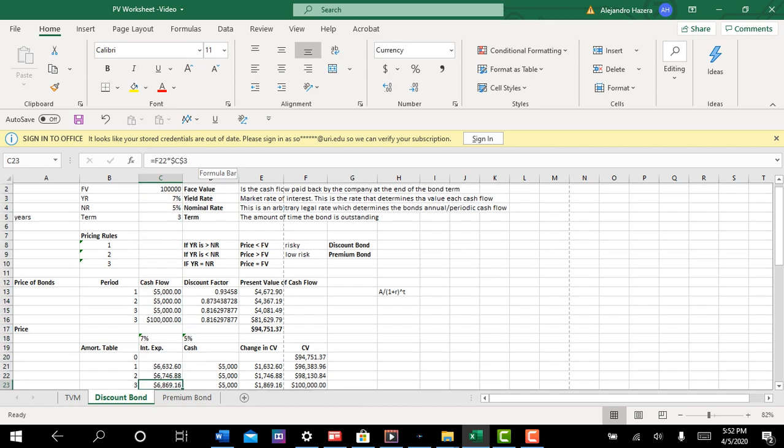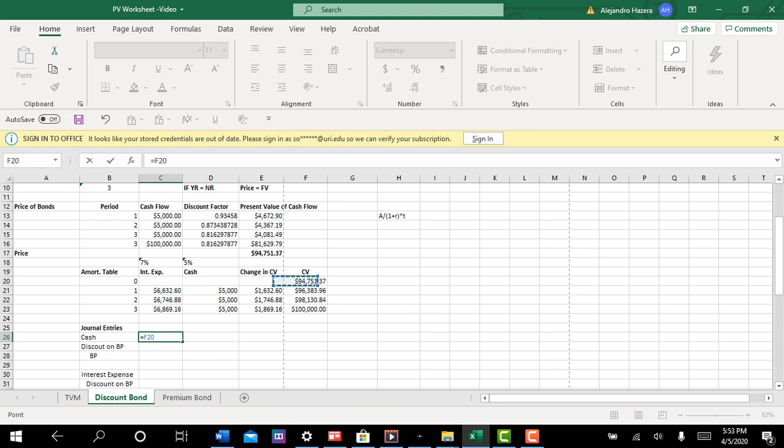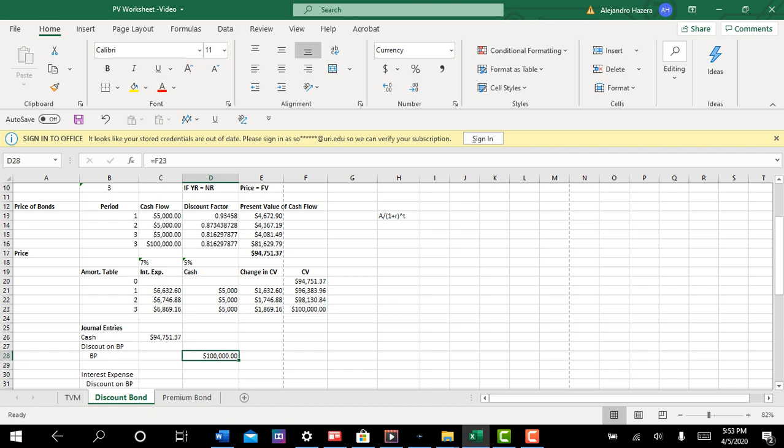Okay, so now let's go down here and do our journal entries. Okay, our journal entries are going to be as follows. First of all, the cash that you get is 94,751.37. The amount that goes into bond payable is always equal to the face value.